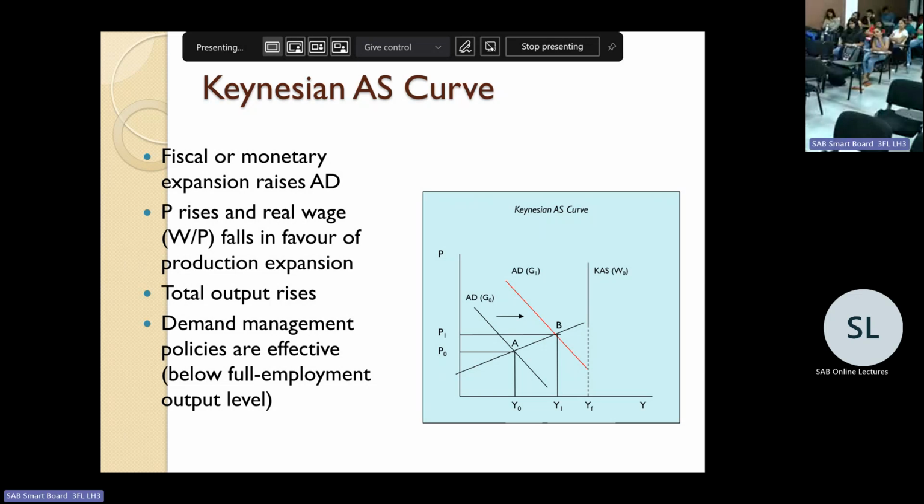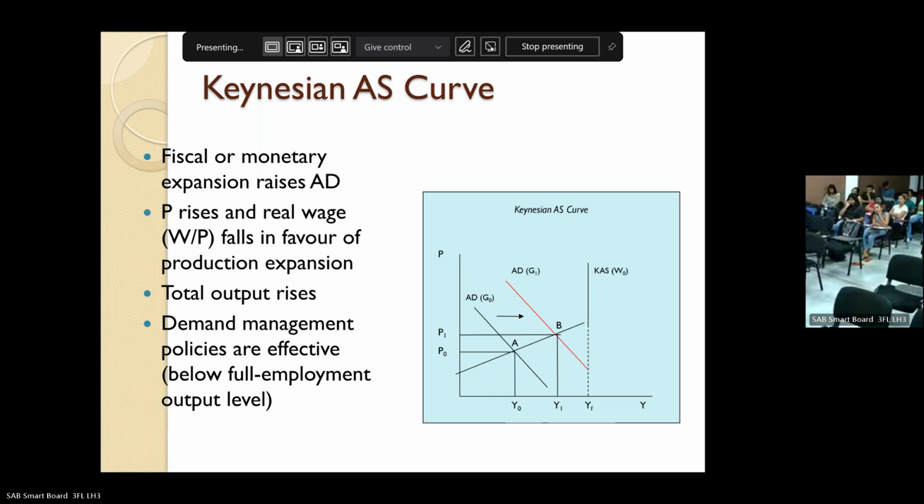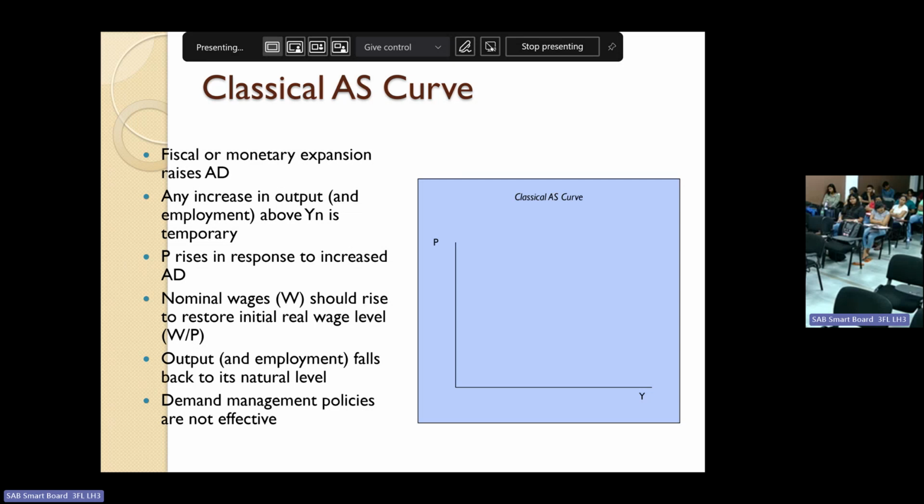Okay. So the Keynesian curve, we can draw it this way. Even you can draw it horizontal, and once it reaches full employment, it becomes vertical. And the classical view is the other side of this drawing.